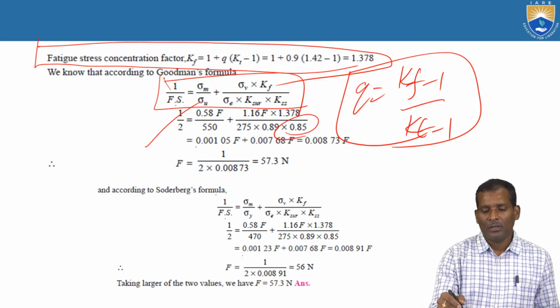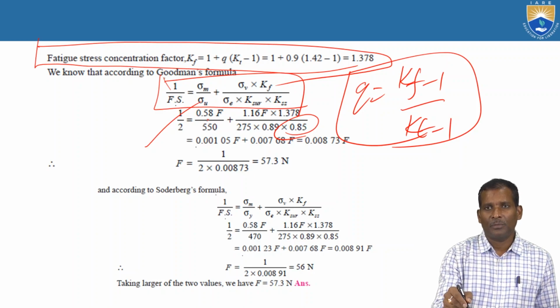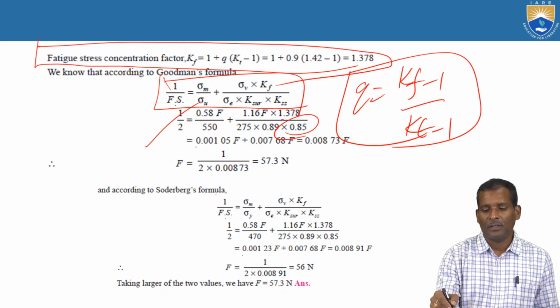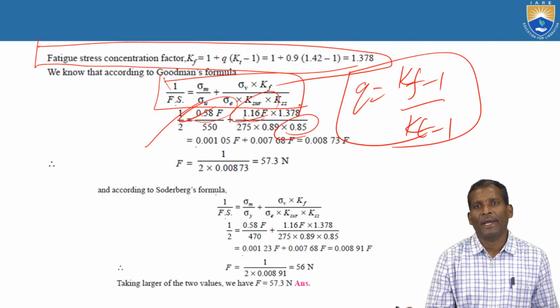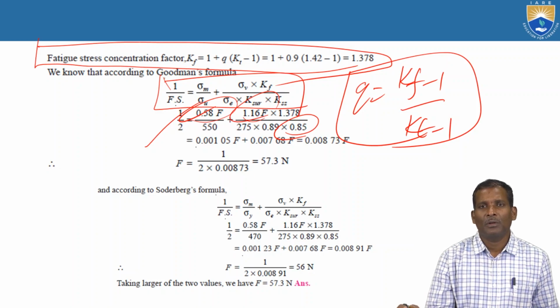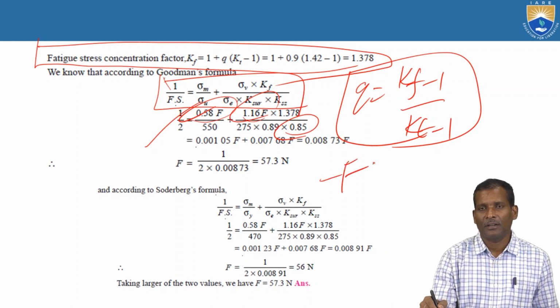But we don't know the F value; the mean bending stress value and variable bending stress value are available in terms of F only. We need to solve and find the F value. In your problem, the load varies from minimum to maximum. The minimum is minus F and the maximum is 3F.